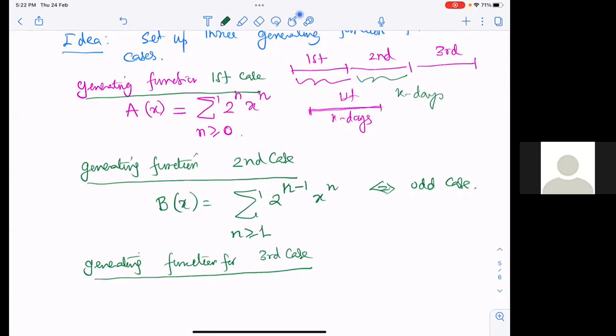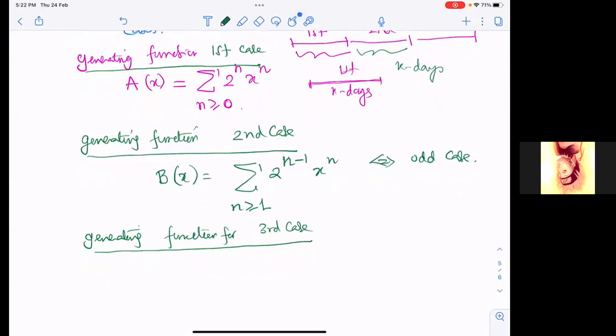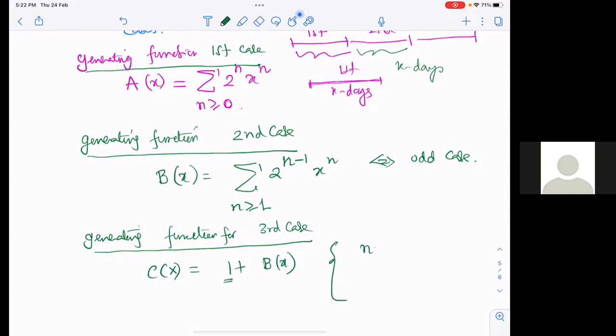Okay, good. So as Vijayan also said, for the third case, if you have a 0, that's also a possibility. That's a vacuous condition. Cx is 1 plus bx basically. This 1 is for the n equal to 0 case, and then n greater than or equal to 1.